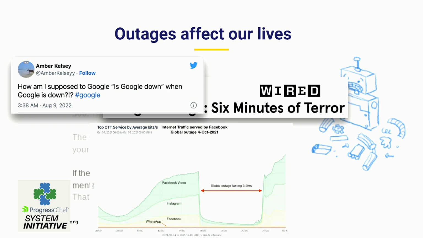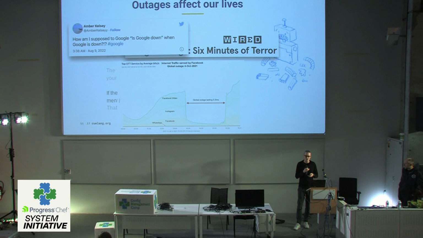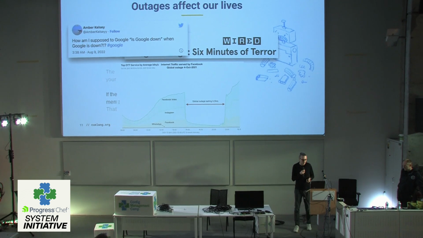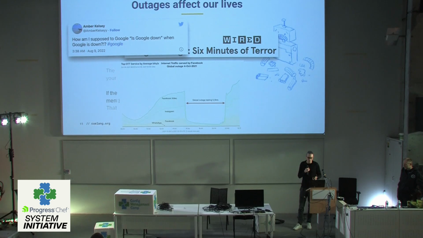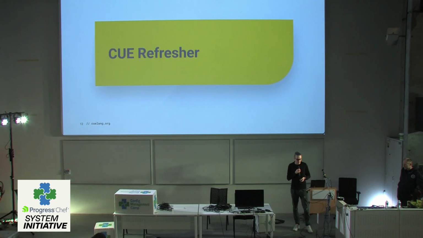You have simple and more complex ones, but in many of these cases, if you just shift left, the information to prevent that outage is actually available. It's just scattered around, and people don't use that information at launch time to detect that something will fail. So this is one of the goals here. So, a little refresher of CUE.